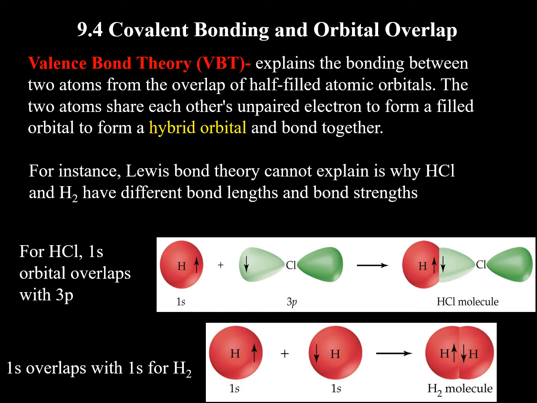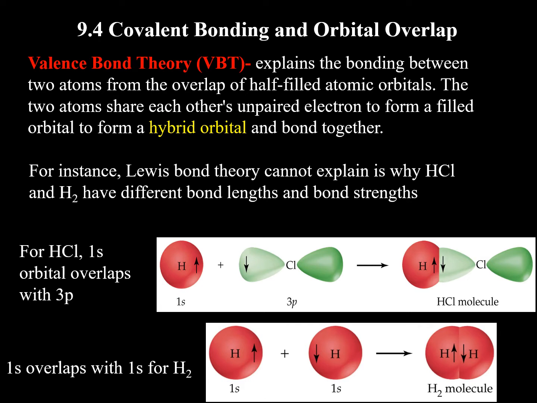If we look at two relatively simple compounds, HCl and H2, they have different bond lengths and different bond strengths. The previous two theories, Lewis structures and valence shell electron pair repulsion, VSEPR, cannot explain this.